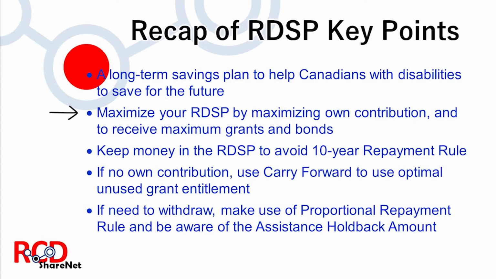To maximize your RDSP, you can maximize your own contribution to get the maximum grants and bonds. The grant is the Canada Disability Savings Grant, and the bond is the Canada Disability Savings Bond. How to get these, I've talked about in the first two videos.